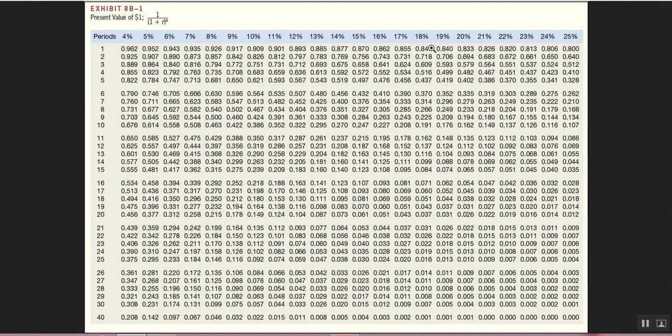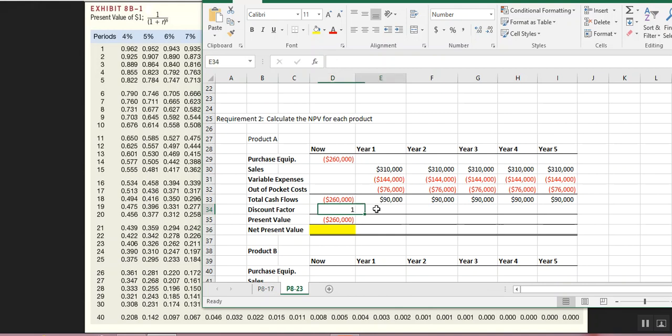The question said that the discount rate for the company was 18%. So we're going to go over to the 18% column and go down to the 1 period because we're at the first year. And the discount factor for that is 0.847. So we're going to go back to my chart and put in the discount factor of 0.847 for year 1.